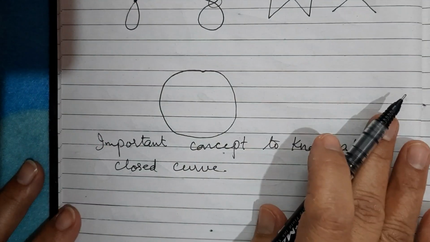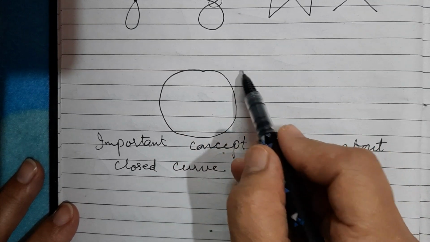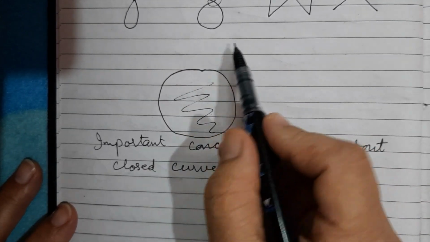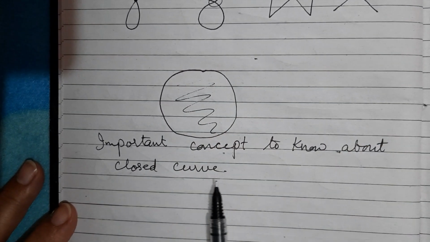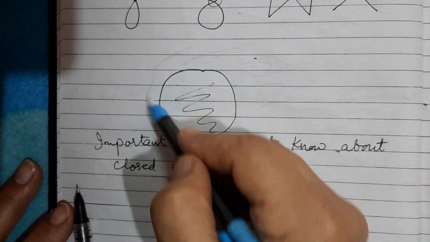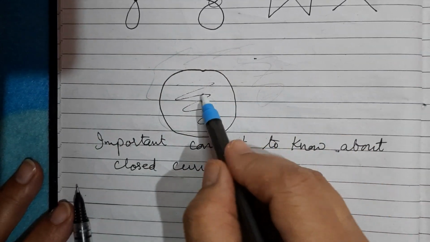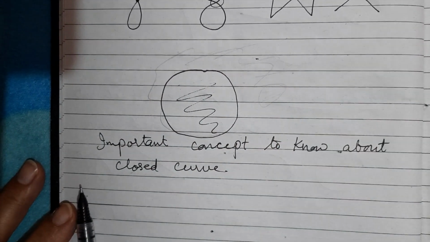This top surface is the plane surface, this plane, into two parts. Like this is one part and this is the other part. So this curve divides the plane into two parts, which are interior and exterior.